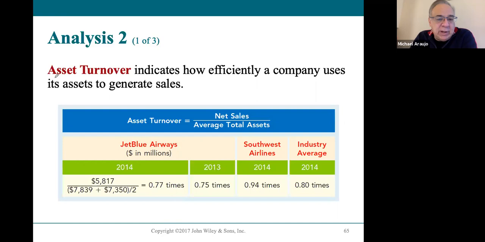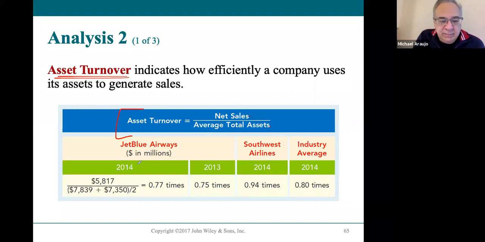And the last one is something called asset turnover, which simply looks at whether you are using your assets to generate sales. The reason you have all these assets, property, plant, equipment specifically, is to sell your goods and services. So how is that going? That's what this basically is telling us. So you look at your net sales compared to your average total assets.